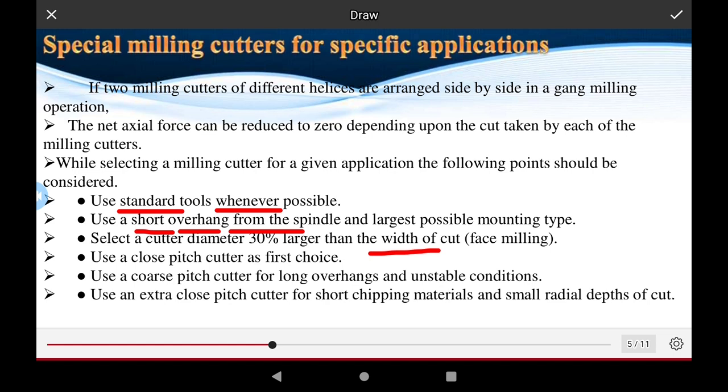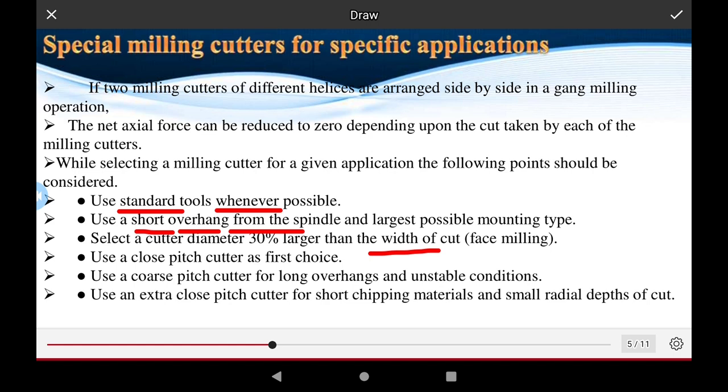use of the coarse pitch cutter for long overhangs and unstable conditions. Okay, some of the coarse pitch cutters are also used for long overhangs and unstable conditions. Okay, the tool's area is very large.